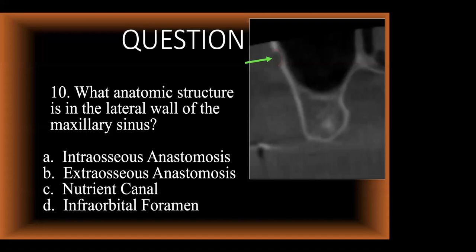Next question. Here is a cross section, and I have this marked with a green arrow and a red line. What anatomic structure is this in the lateral wall of the maxillary sinus, which can complicate our lateral wall sinus surgery? Is it the intraosseous anastomosis, extraosseous anastomosis, a nutrient canal, or the infraorbital foramen?